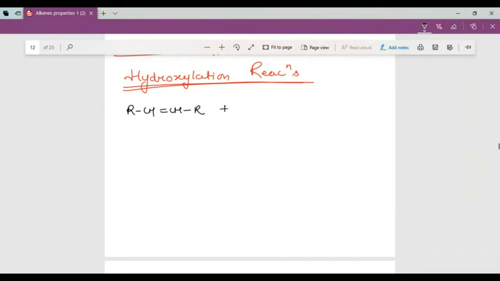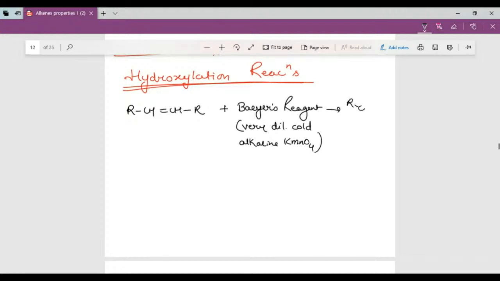The reagent could be, say, Bayer's reagent, which is very dilute, cold, alkaline KMnO4, aqueous, and it gives the formation of RCHOH-CHOHR.